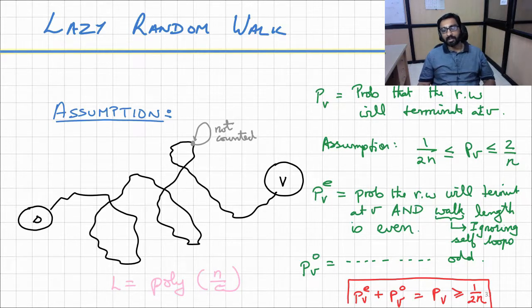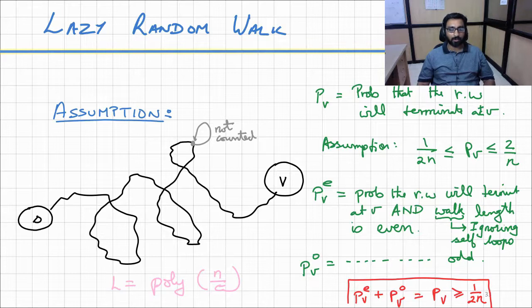And in particular, let's say that it's within one half of 1 by n to at most twice of 1 by n. Now this PV, we're going to break that up into two parts. Remember, we want to eventually argue something about walks of even length versus odd length.